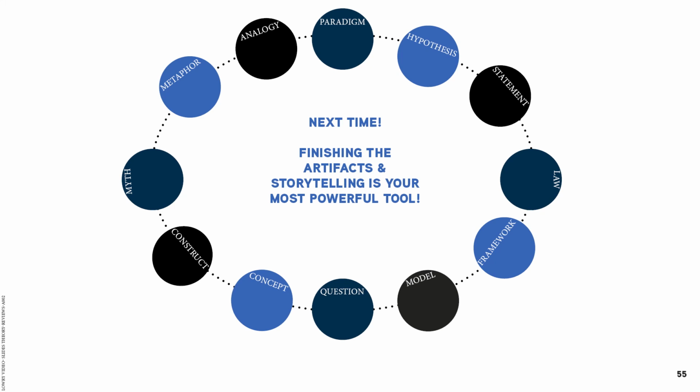And so much of it is because storytelling is really our most powerful tool. Then I'm going to complete the other artifacts of theory, starting with analogy, paradigm, hypothesis, statement, law, framework, model, and finally, we're back in the full circle, back to question.